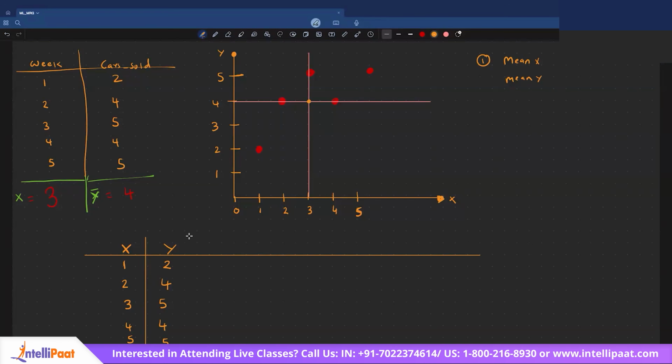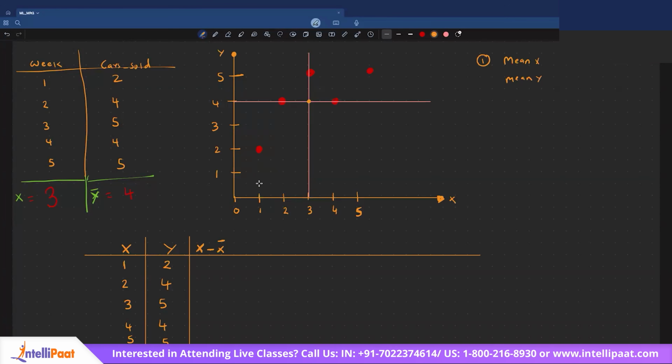Okay. What you need to do right now, the minute you calculate this part, x and y, so can we take the first data point and try to align it with the connecting points? You will calculate something called x minus x bar. Hey, what is x minus x bar? Is this data point called x? This particular data point gives 1 minus 3. From the perspective of 3, I want you to understand from the perspective of the number 3.